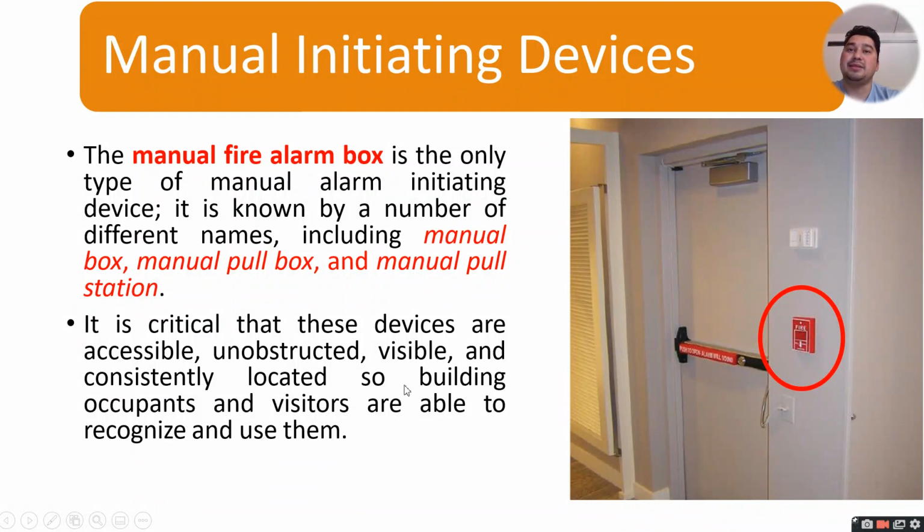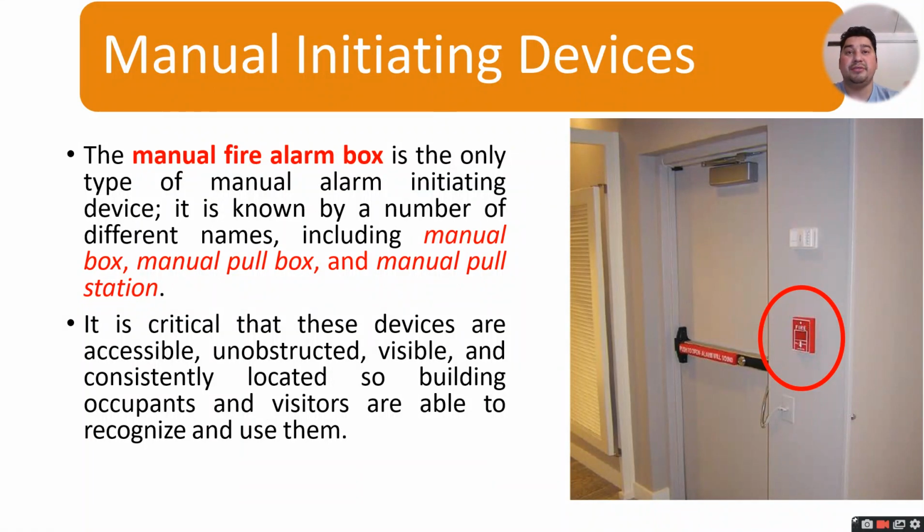It is critical that these devices are accessible, unobstructed, visible, and consistently located so building occupants and visitors are able to recognize and use them. So whenever you are installing these devices, you have to make sure that they are easily accessible. These devices should not be obstructed.